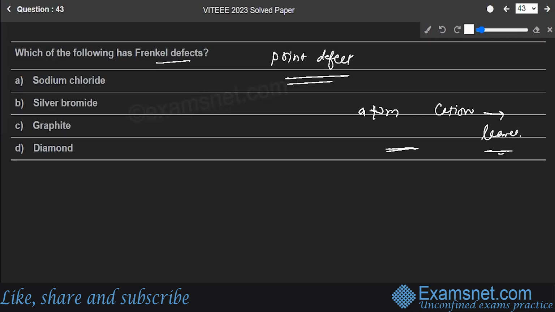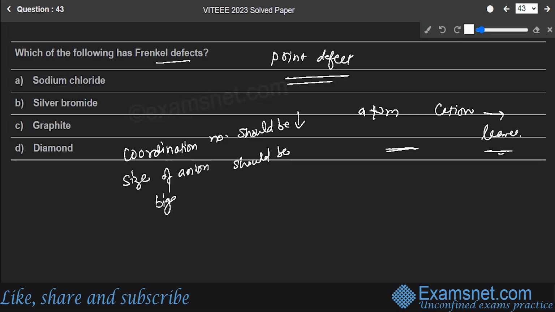The main conditions for the Frenkel defects are coordination number should be low, and the size of the anion should be bigger than the cation. These are the two conditions.